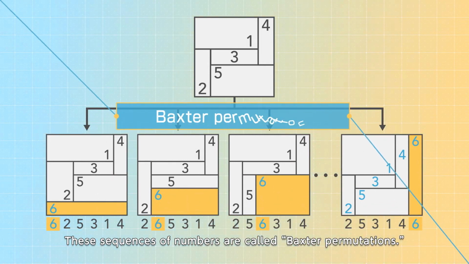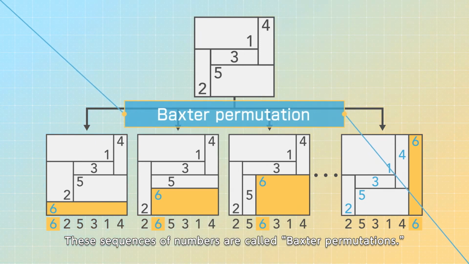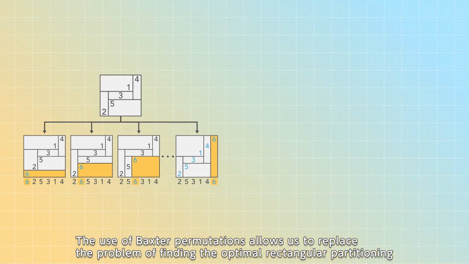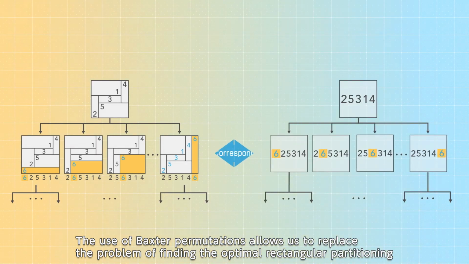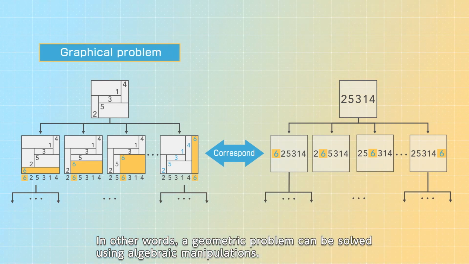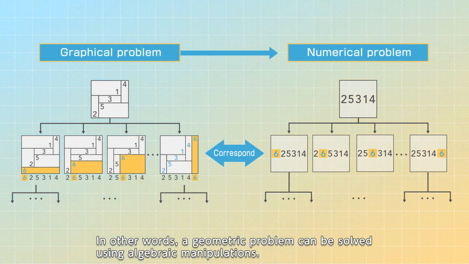These sequences of numbers are called Baxter permutations. The use of Baxter permutations allows us to replace the problem of finding the optimal rectangular partitioning with the alternative problem of finding the optimal Baxter permutation. In other words, a geometric problem can be solved using algebraic manipulations.